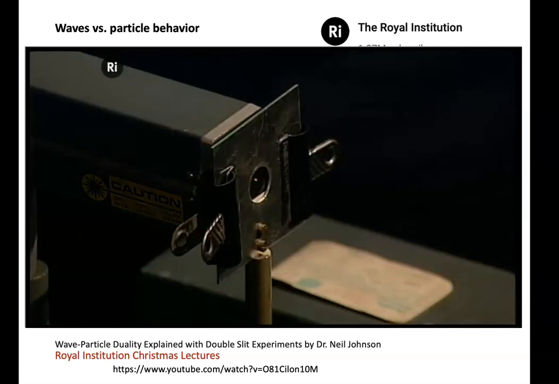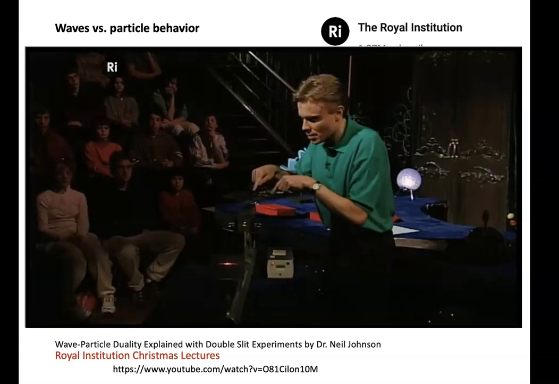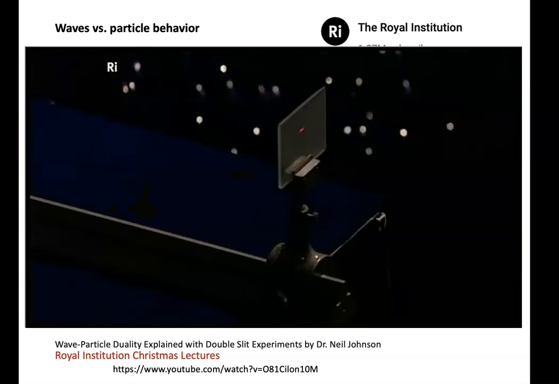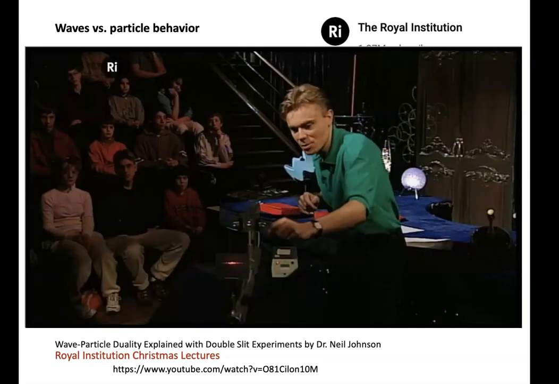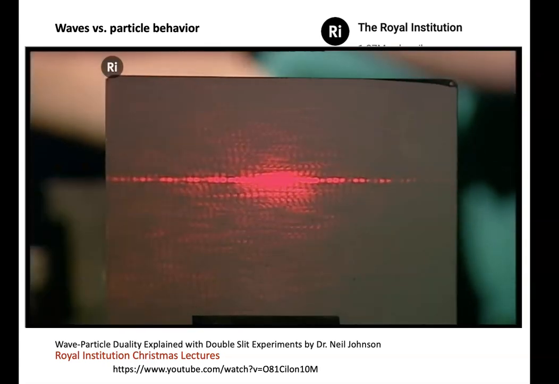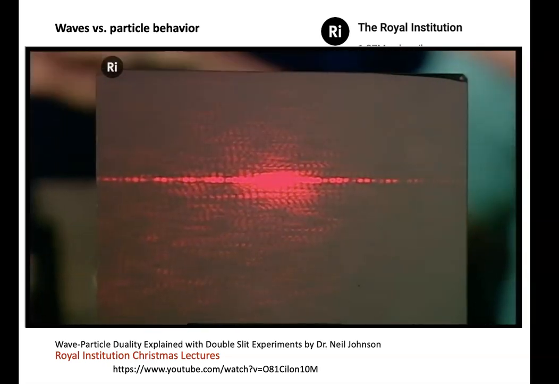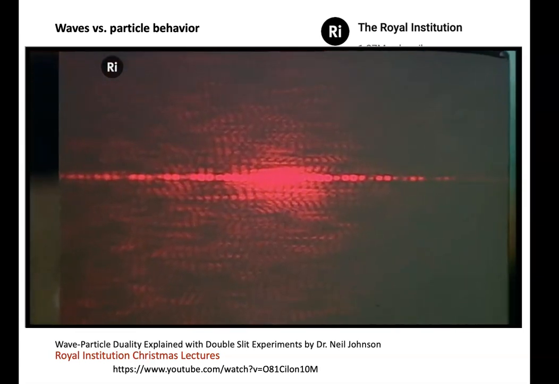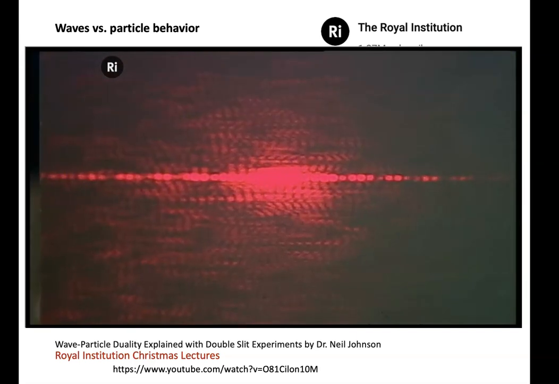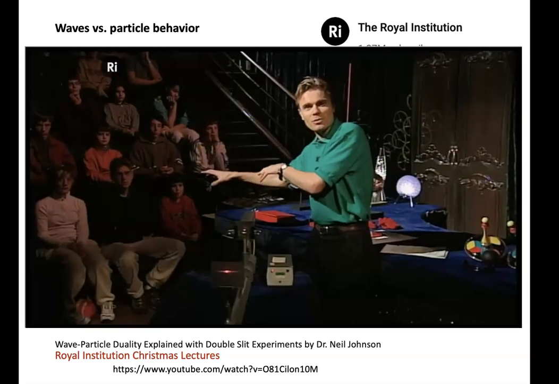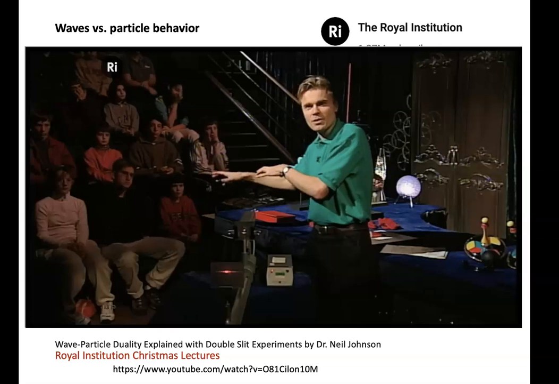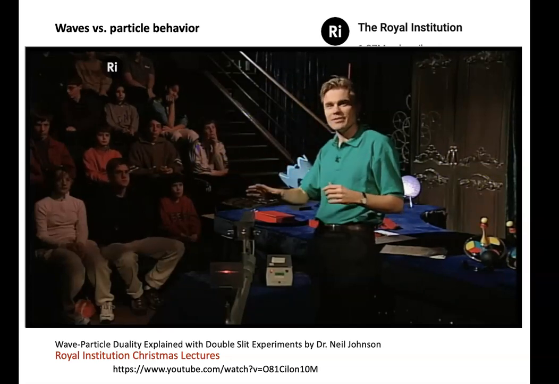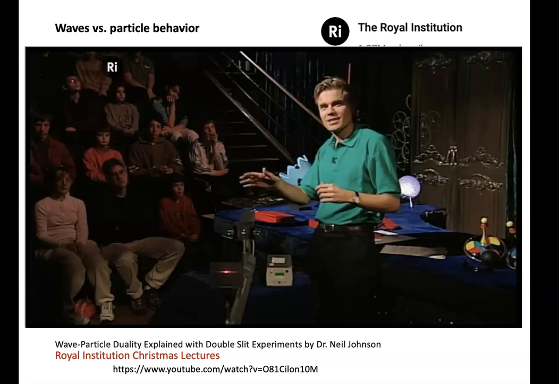So you can't actually see these two slits, but it's the same idea. And then the light passes on and hits this screen. You can actually see a pattern that's quite similar to what we saw on the tank with the water. And there are regions of bright and dark and bright and dark and bright and dark. So this set him thinking, well, if I saw the same pattern as I saw on water, I know that waves travel on water, that must mean that light is a wave.